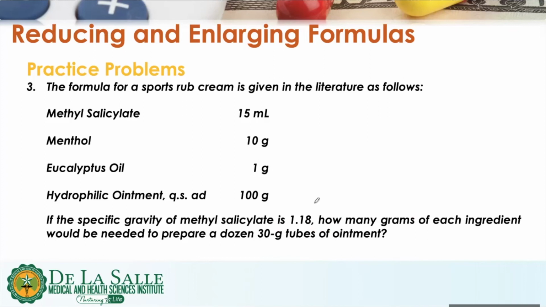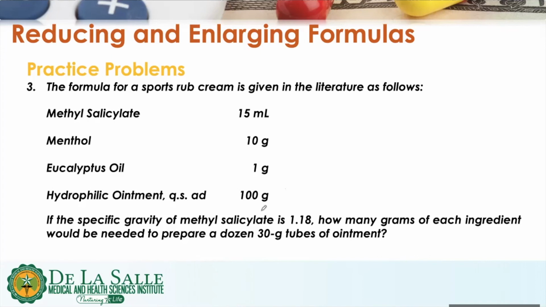The formula for a sports rub cream is given in the literature as follows: methyl salicylate 15 milliliters, menthol 10 grams, eucalyptus oil 1 gram, and hydrophilic ointment QS add, or enough quantity to make 100 grams. If the specific gravity of methyl salicylate is 1.18, how many grams of each ingredient would be needed to prepare a dozen 30-gram tubes of the ointment?